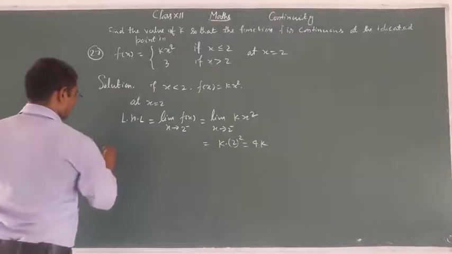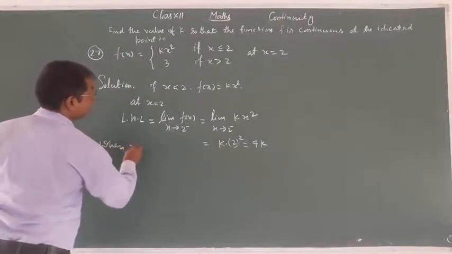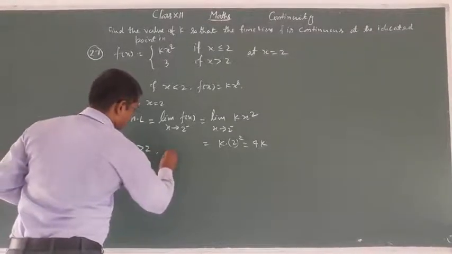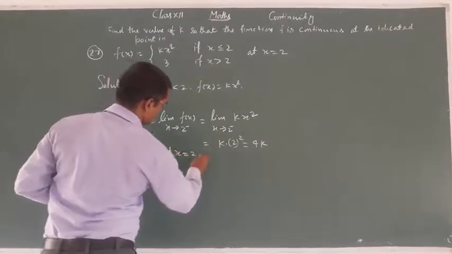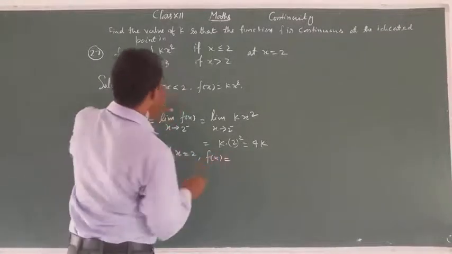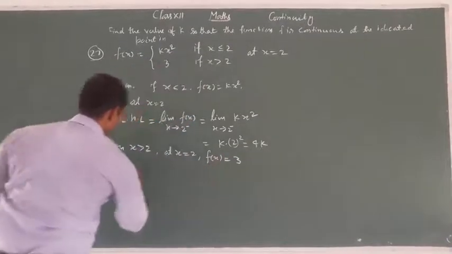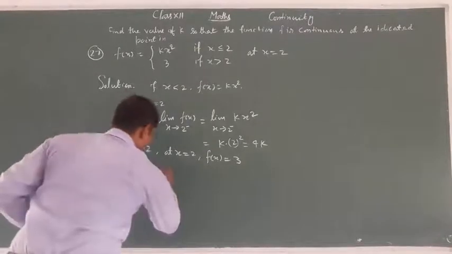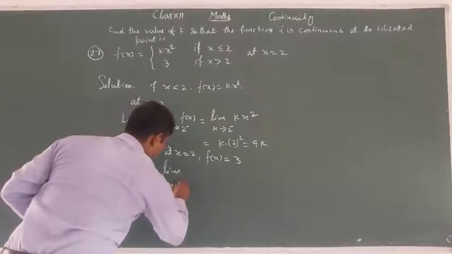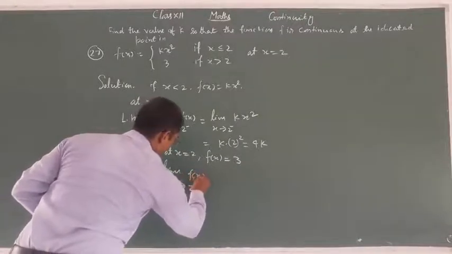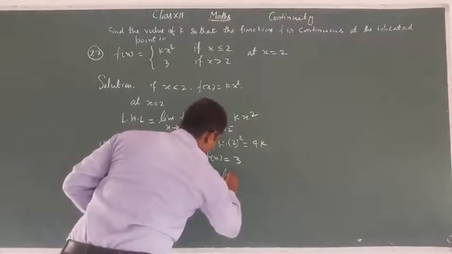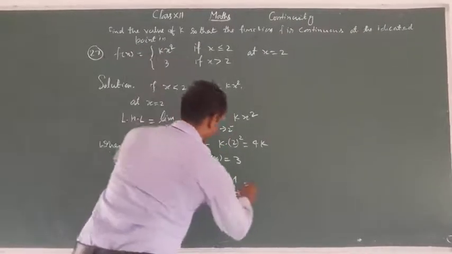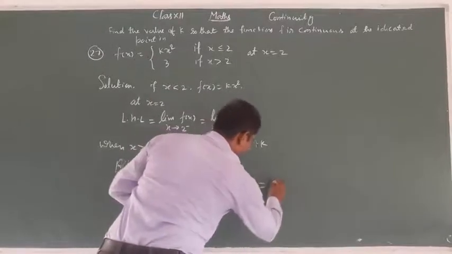And also when x is greater than 2, f(x) is equal to the function 3. So the right hand limit of f(x) is equal to 3.